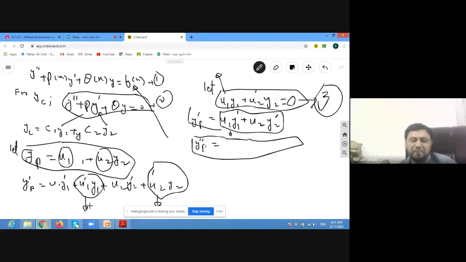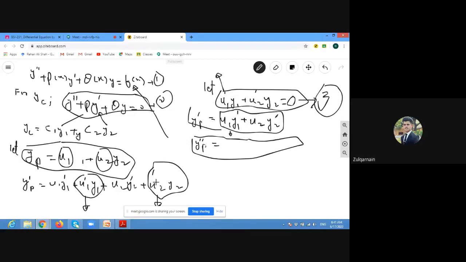Did we write this assumption, that the sum of these two terms is 0?